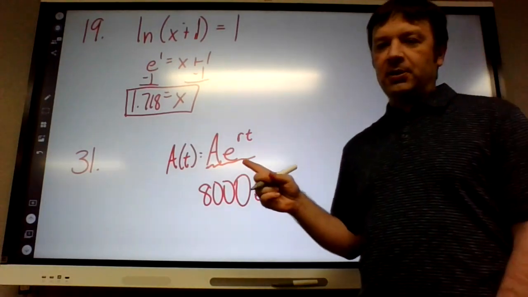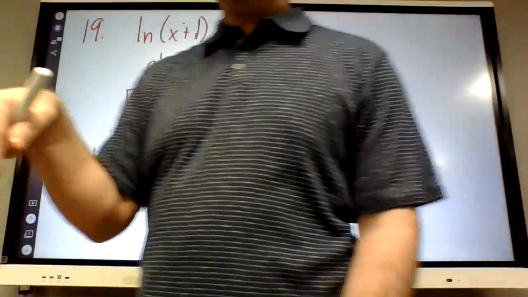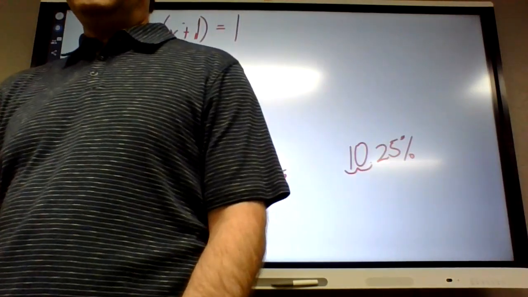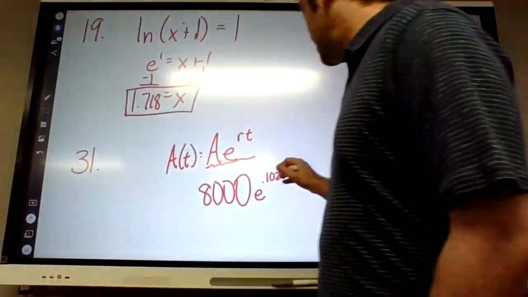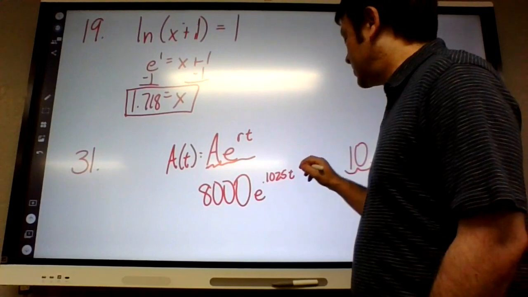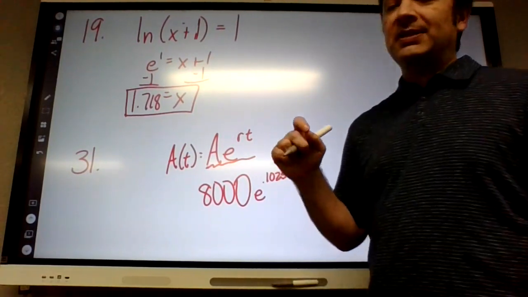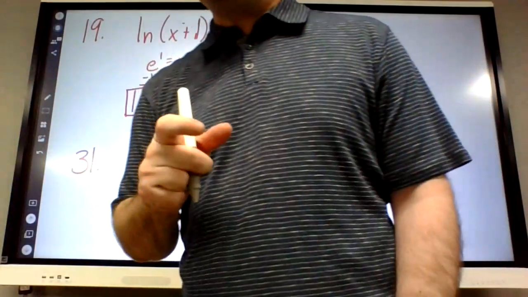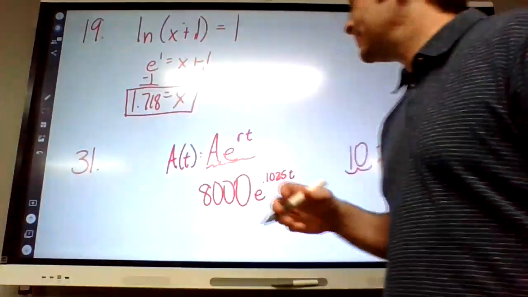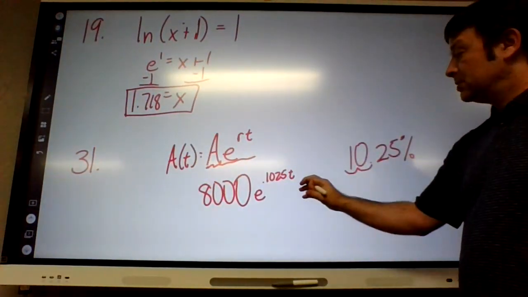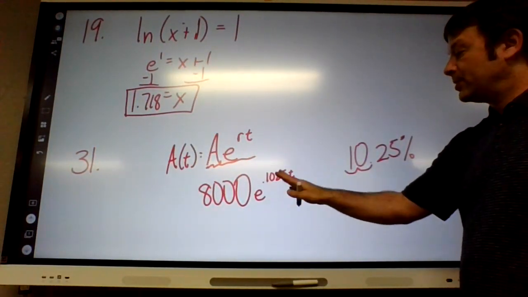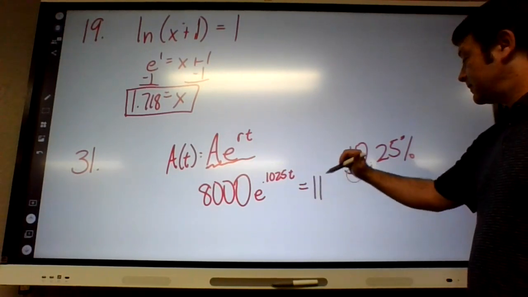Okay, here's the tricky part. It doesn't say how long he invested his money. So we don't know what T is. That's what we're trying to figure out. But it says how long until he gets $11,500. So in other words, we want this formula to equal $11,500.